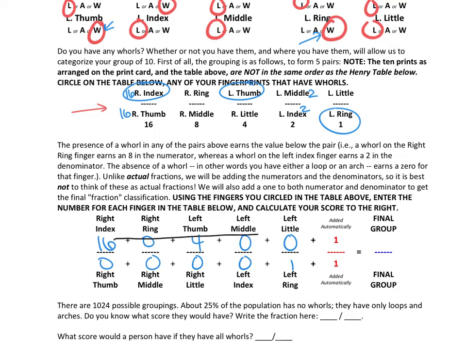I will go this way, and then this way, and I'll get a fractional value that I am not going to simplify, and I'm not going to turn into a decimal. So I have 16 plus 4, but then I also have an automatically added 1 over 1. That's 16, 17, 18, 19, 20, 21 up top, and down below 2. So my final grouping would be 21 over 2.